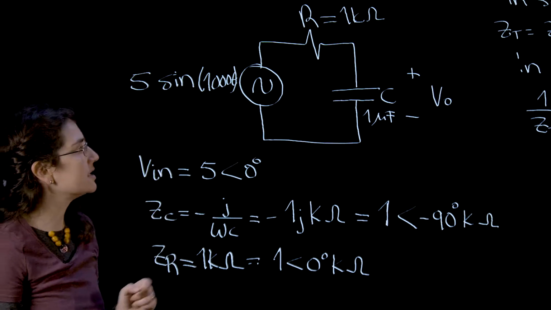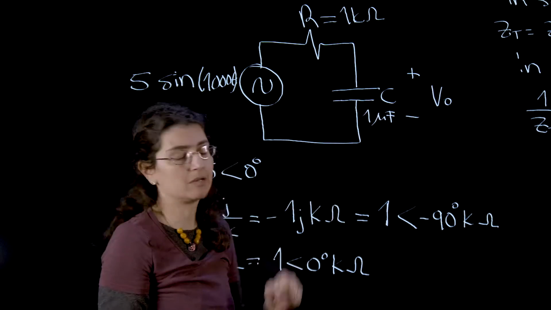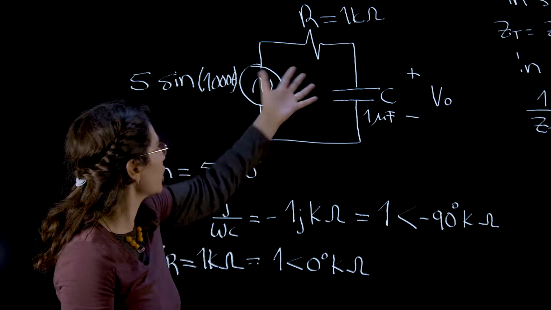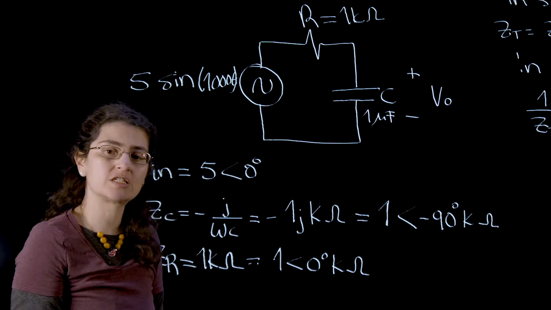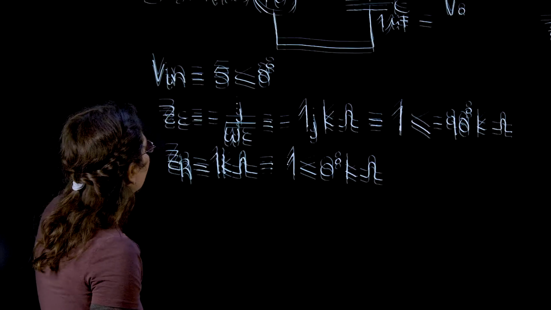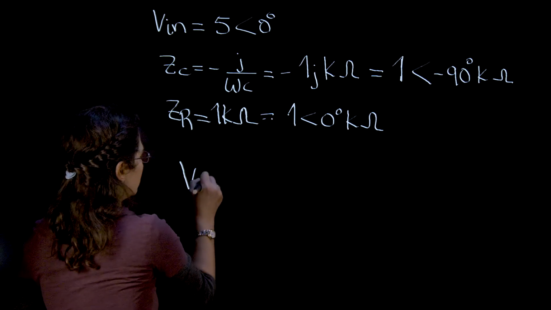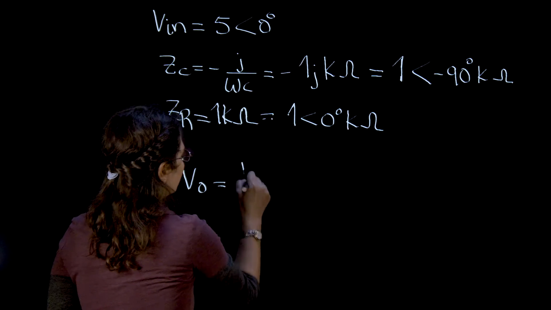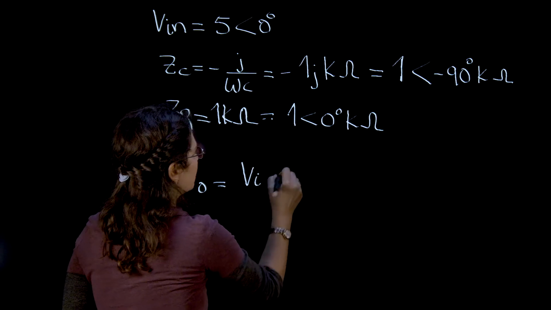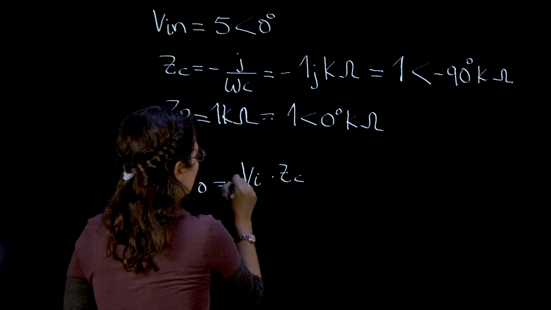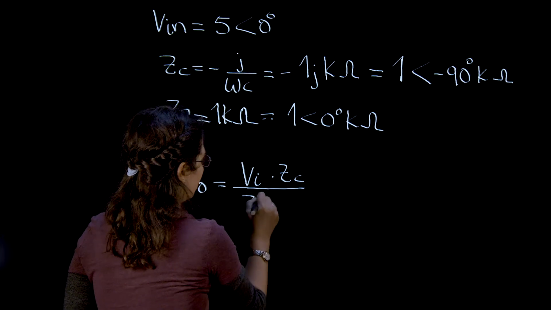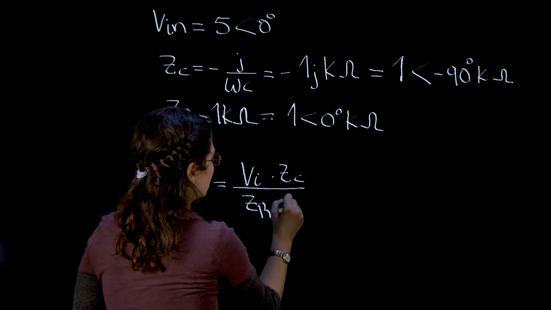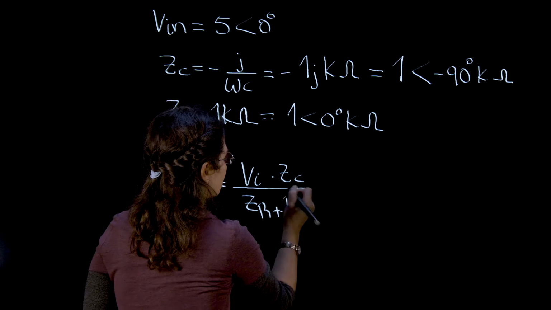So for instance, in this case, if I want to calculate my output voltage, I can just apply the voltage divider rule that we know already. So my output voltage would be my input voltage times the impedance of my capacitor over the sum of my two impedances.